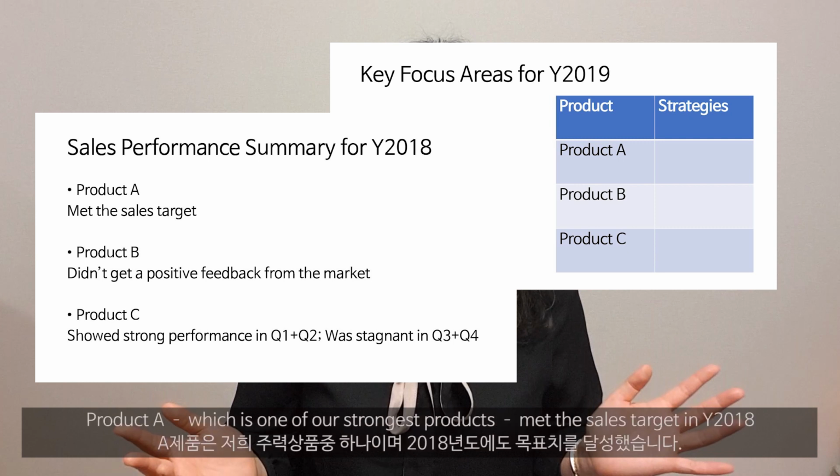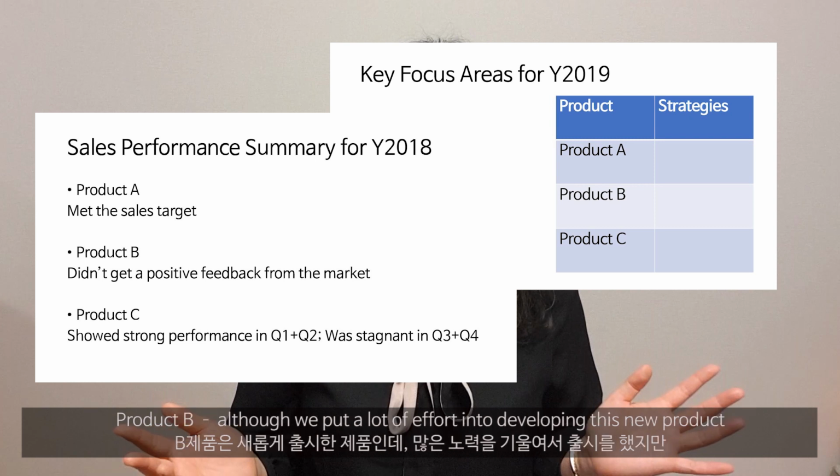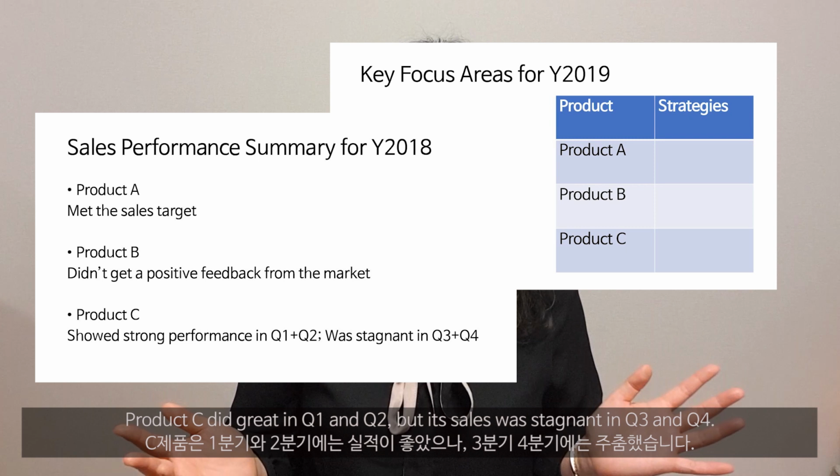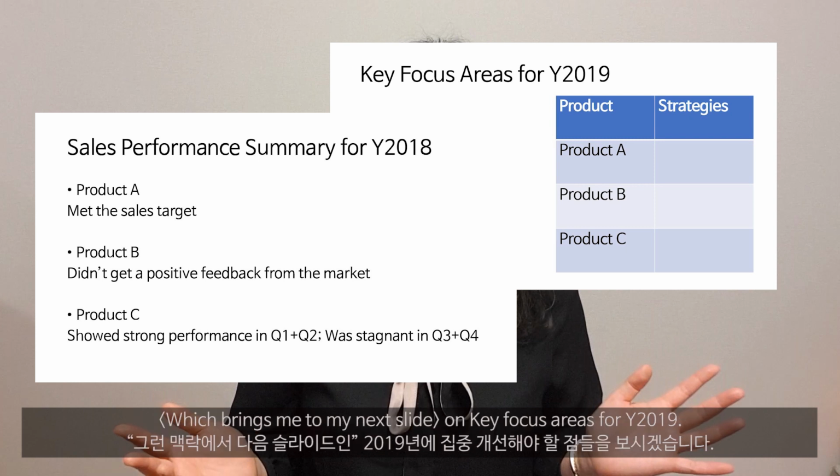Product A, which is one of our strongest products, met the sales target in year 2018. Product B, although we put a lot of effort into developing this new product, it didn't get positive feedback from the market. Product C did great in Q1 and Q2, but its sales were stagnant in Q3 and Q4.